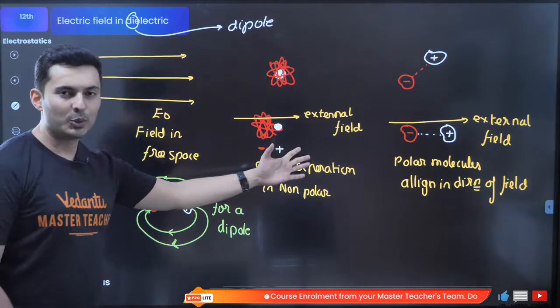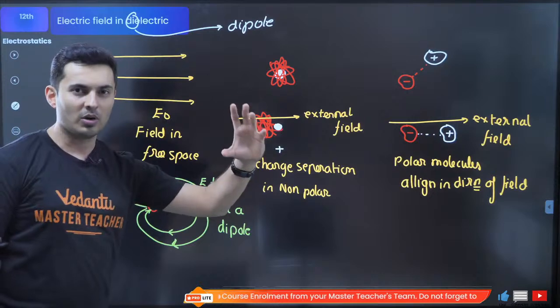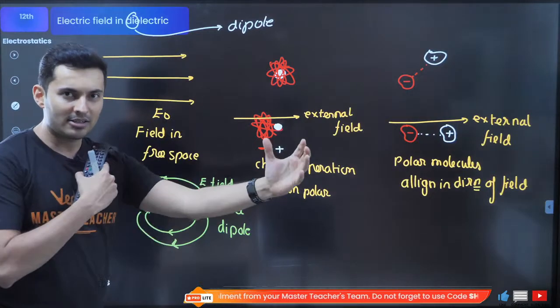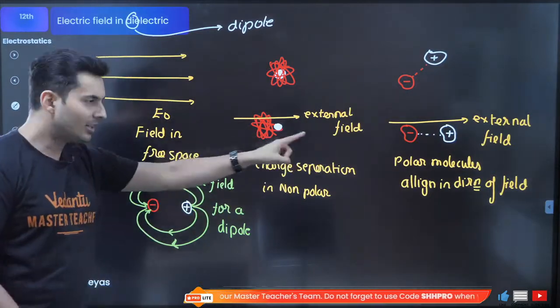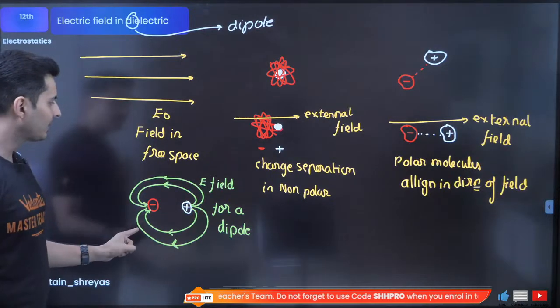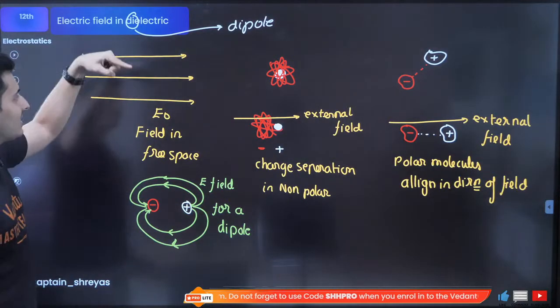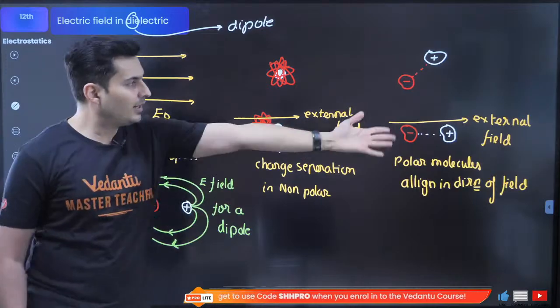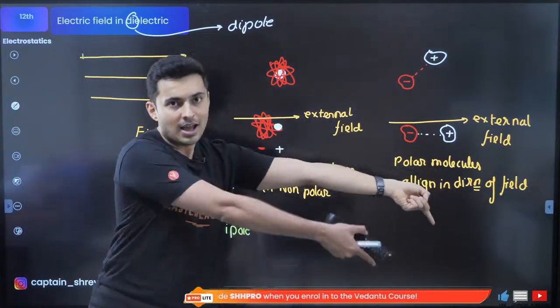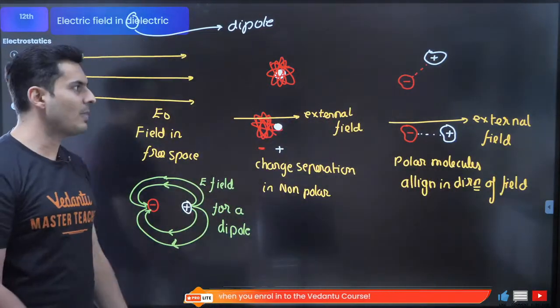Now this creates the whole issue over here. Be it polar or non-polar mediums, the charges are separated in the direction of the field. These dipoles create a field which opposes the external field. If the external field is like this, these charges are creating electric fields exactly backwards.